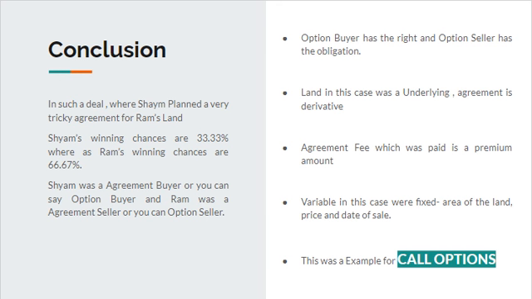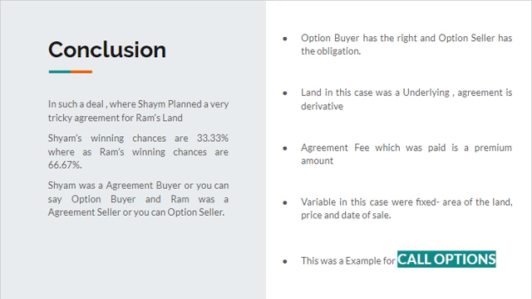Land in this case was the underlying, and in options, if we talk about Nifty, Nifty is the underlying. The agreement is the derivative. The agreement fee which was paid is the premium amount. The 1 lakh rupees which was paid upfront is the premium amount.